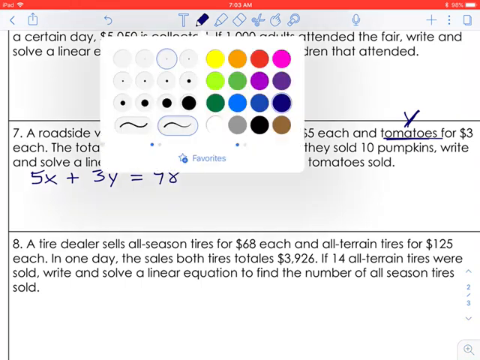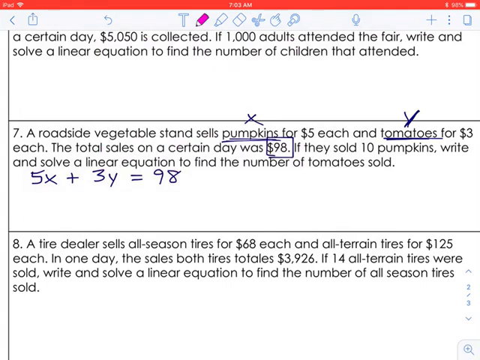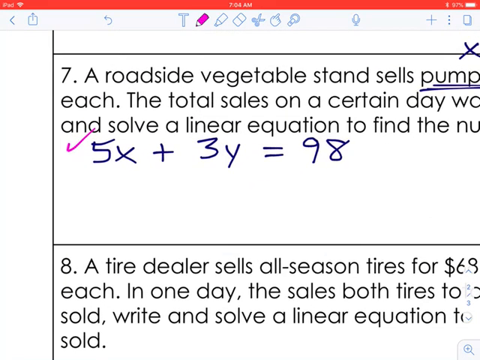Okay, so our setup for the variables and the equation are all set. They sold 10 pumpkins, so we have to find out how many tomatoes they sold if that was the total. So 10 is plugging in for x this time. So 5 times 10 plus 3 times y equals 98.